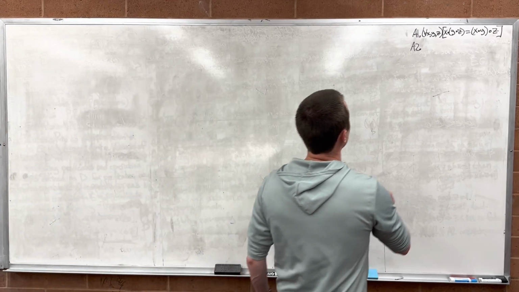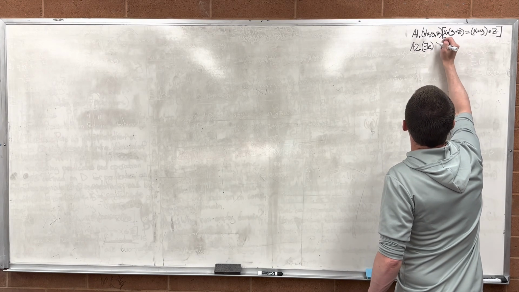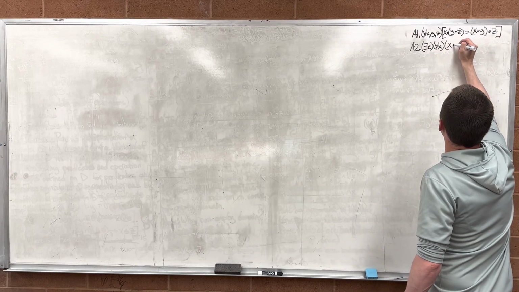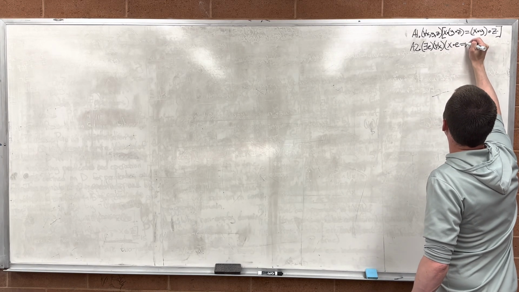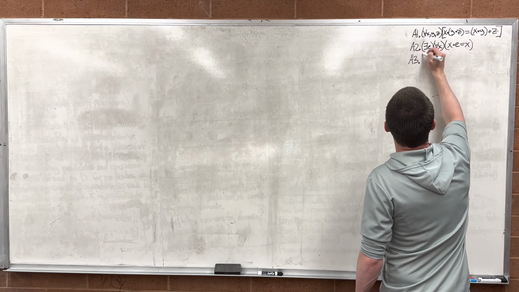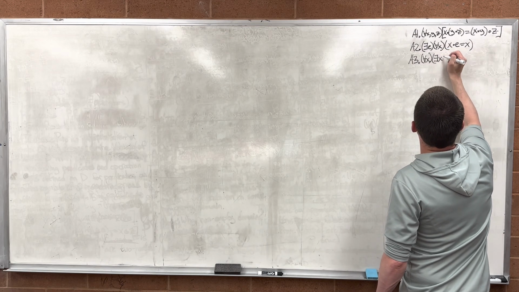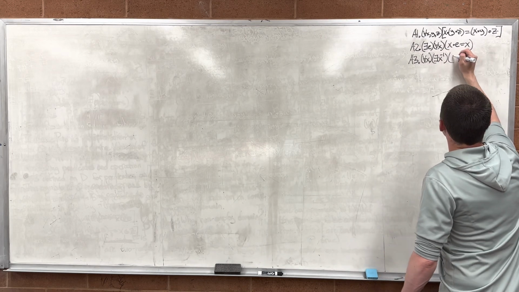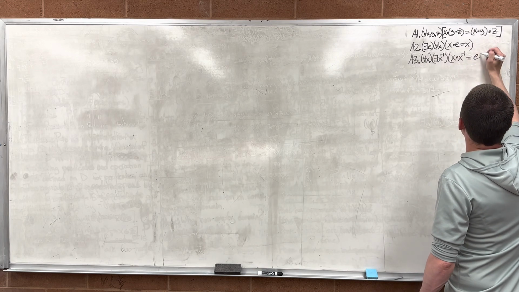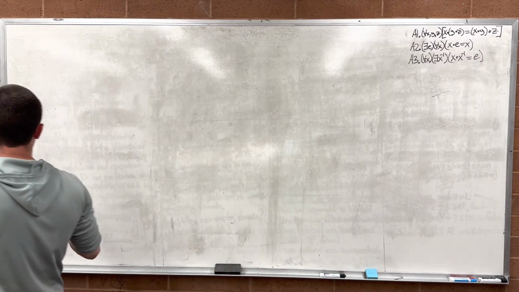It was, there exists some element, the identity element, such that for any x, x compose the identity element just spits back out x. Then axiom 3 was for any x, there exists an inverse element, such that when you compose them together, you get back out the identity element.